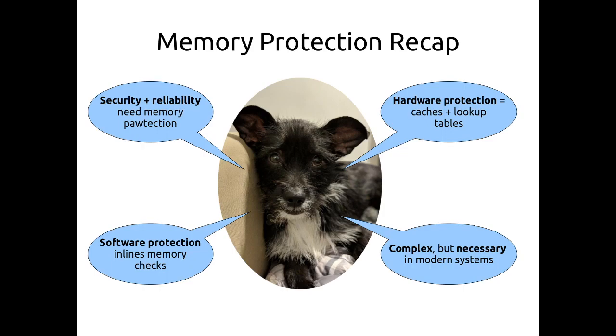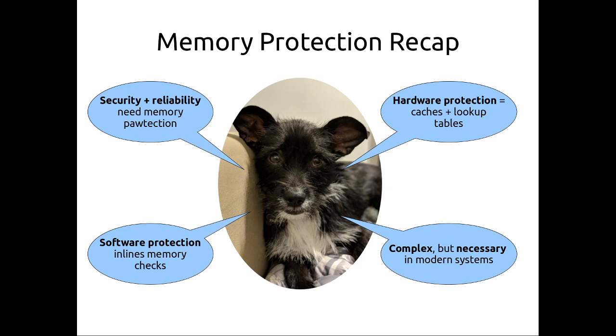Okay. So we've been talking about memory protection, and this is one of my favorite parts of this class. It's the foundation for all the security and reliability that we seek within systems, and it's an interesting case study in hardware-software co-design, because the hardware is accessing the same page tables that software is setting up, which is really cool.